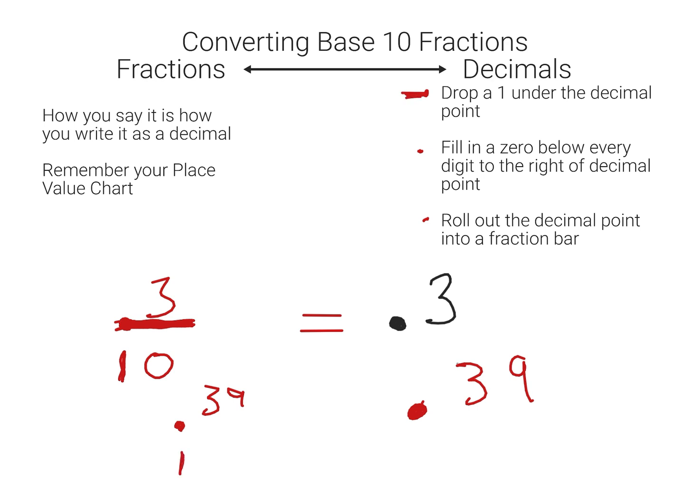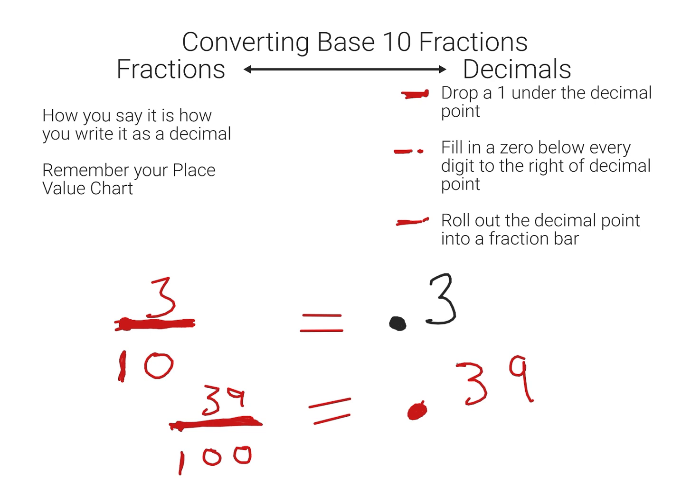Next, fill in a 0 below every digit to the right of the decimal point. So there is 1 digit, 2 digits to the right of the decimal point. Roll out the decimal point into a fraction bar. And there it is. 0.39 is equal to 39/100. How you say it is how you write it.